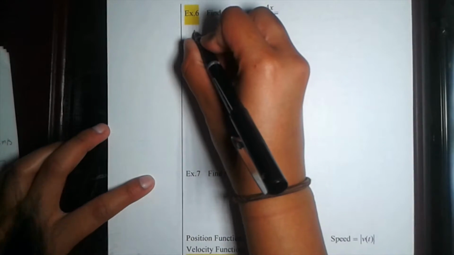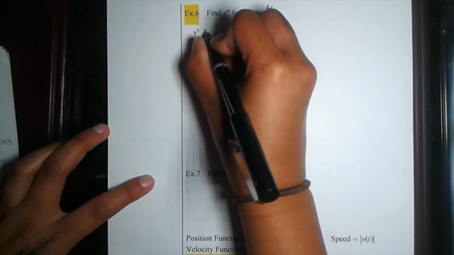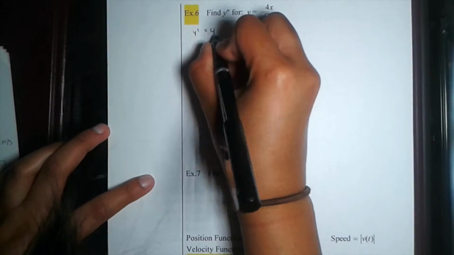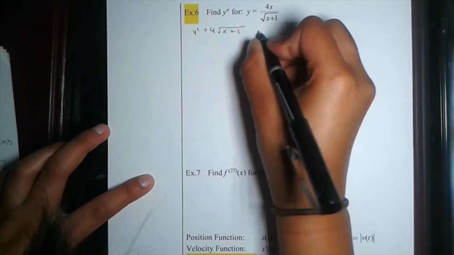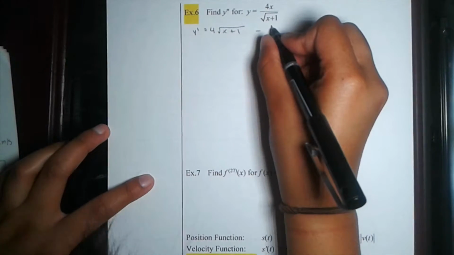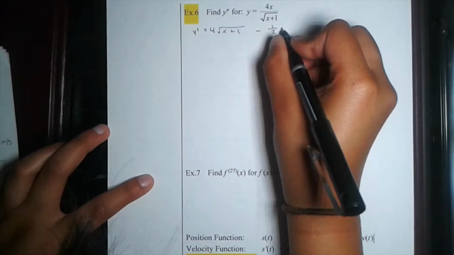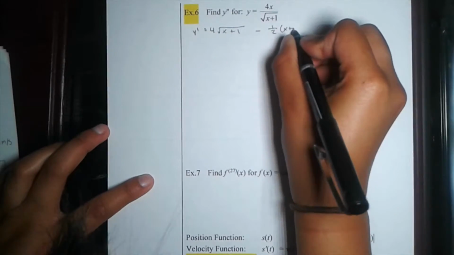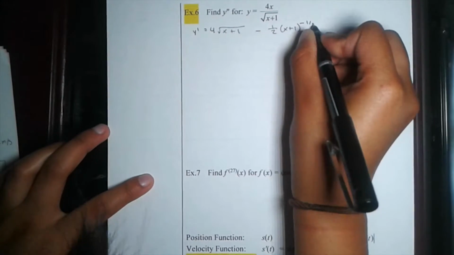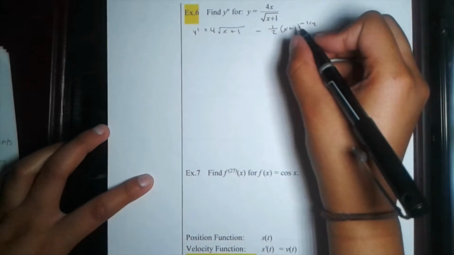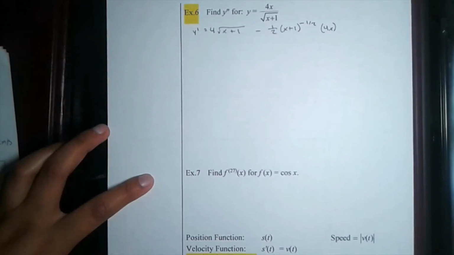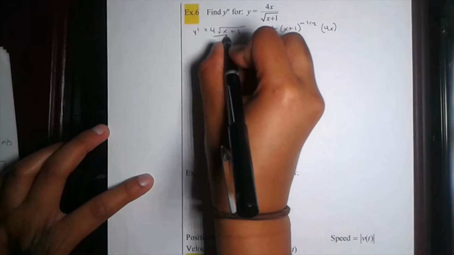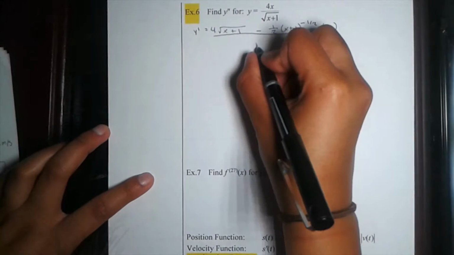So y prime equals derivative of 4x times the second, minus derivative of the second times the first, all over the second squared.